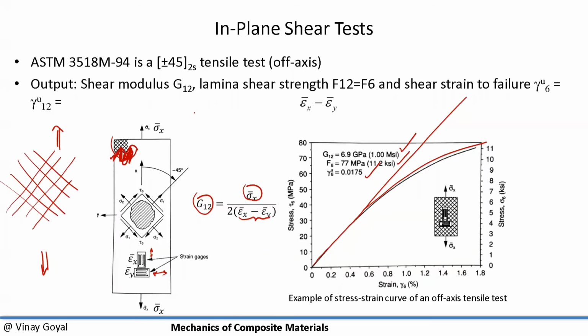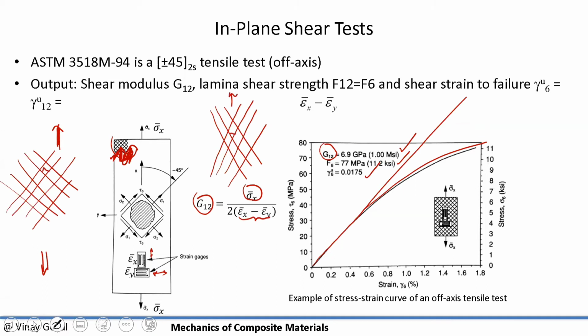The problem with this test, the in-plane shear plus minus 45-degree test, is that as the loading occurs, the fibers will try to scissor so that now the fibers are more oriented along the loading direction. And I'm exaggerating. So I went from 90 degrees to a steeper angle.